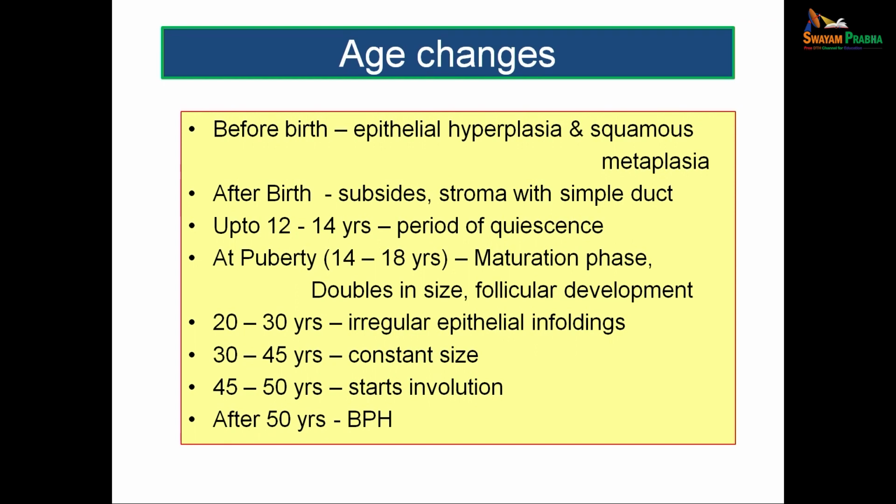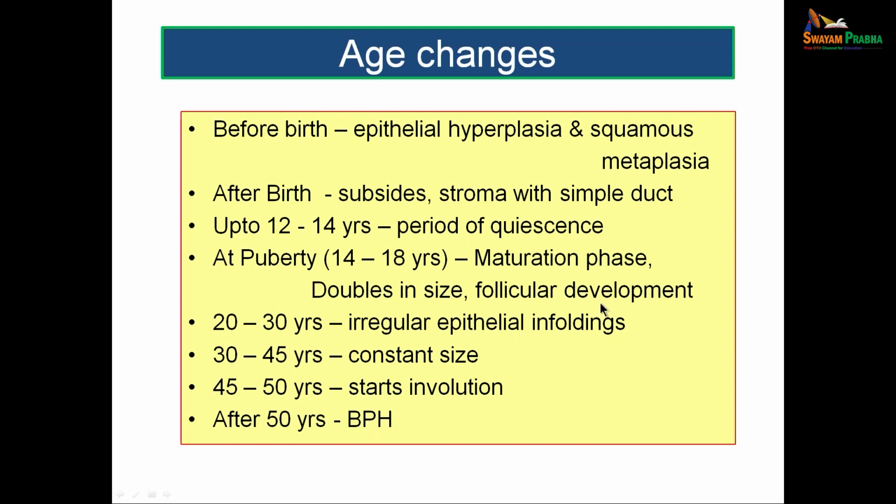This stays up to 12 to 14 years of age, and this is the period of quiescence. At puberty, that is by about 14 to 18 years, it starts maturing. So, this is the maturation phase where you see the prostate doubles in size and there is follicular development.